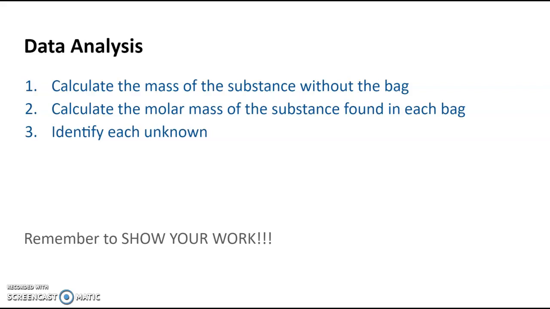And then you can use that value to match it to the molar mass of one of your list of unknowns. Okay, please show your work for this. It will be really important that I see that you have gone through and done this practice. And it also allows me to be able to tell if things have gone wonky for you, right? I can figure out why that happened and help you get back on the right track, okay?